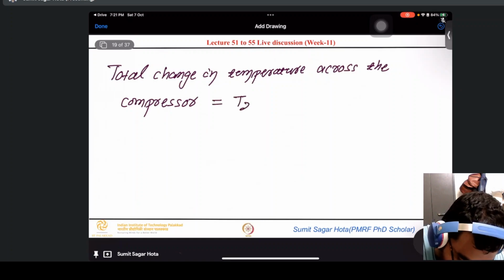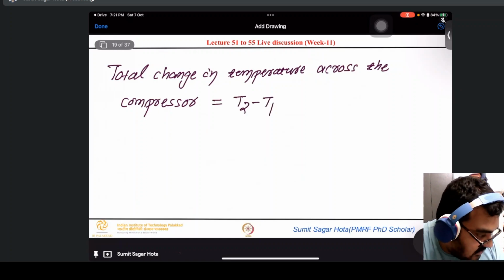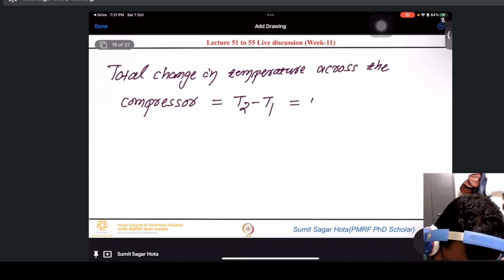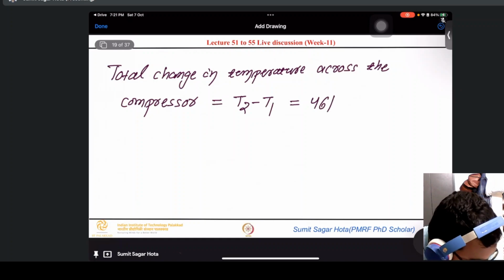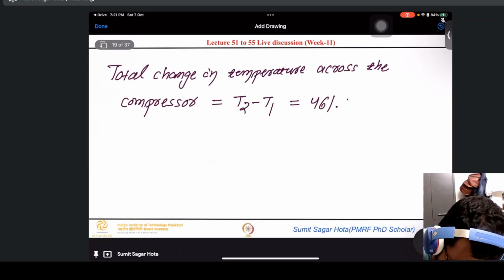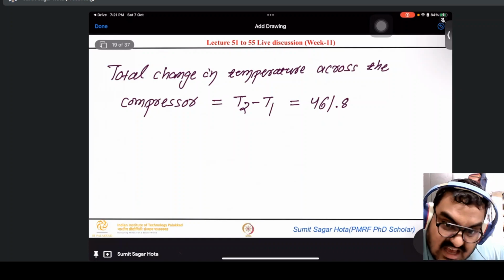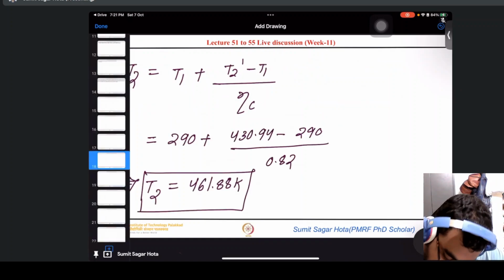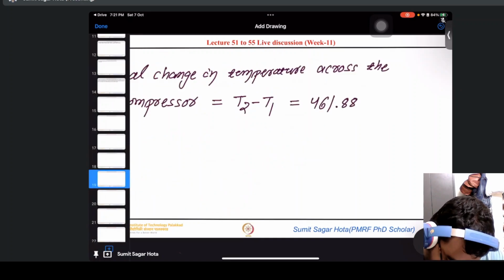Equal to T2 minus T1. Here we found out T2 as 461.88.